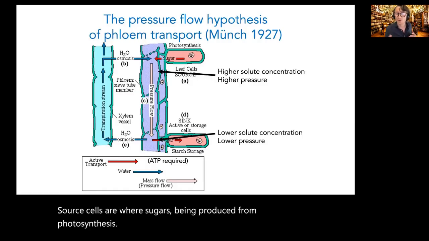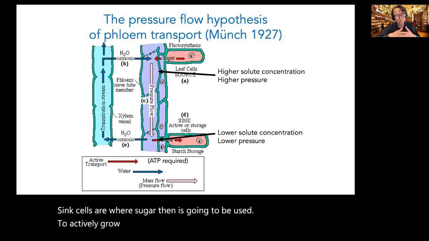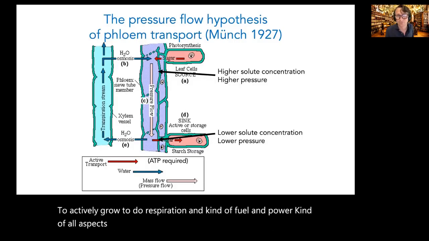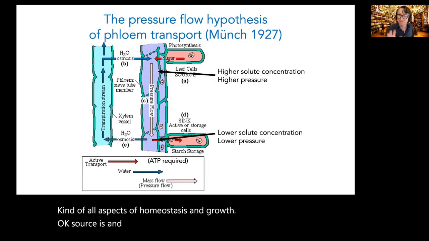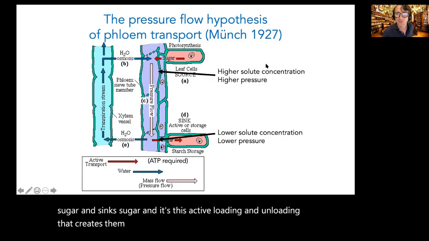Sink cells are where sugar is going to be used to actively grow, to do respiration and kind of fuel and power all aspects of homeostasis and growth. Okay, sources and sinks. So within the phloem, we have sources of sugar and sinks of sugar. And it's this active loading and unloading that creates these concentration gradients of solutes.